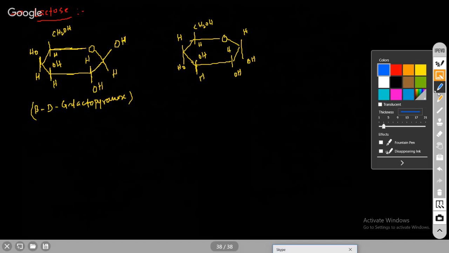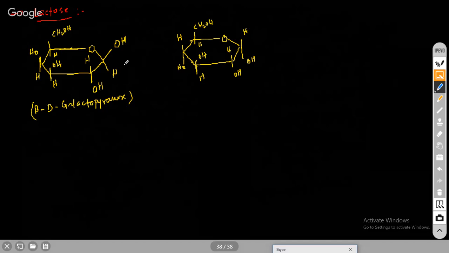Now, what all carbons are involved into this? C1 and C4. So this is the first and this is the fourth carbon. Now the structure that you get here when H2O molecule goes out is this.